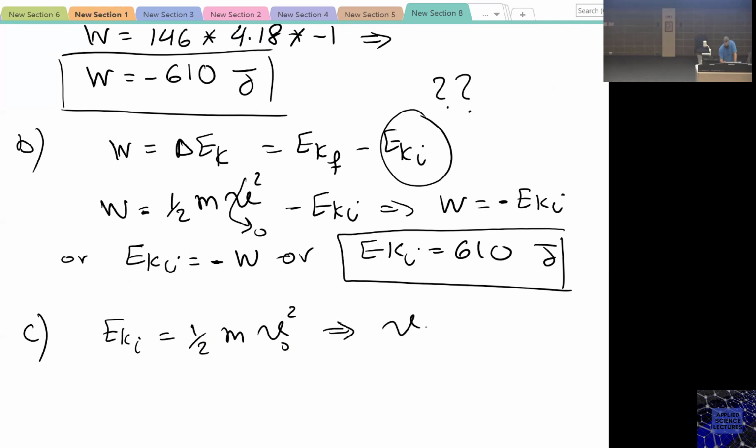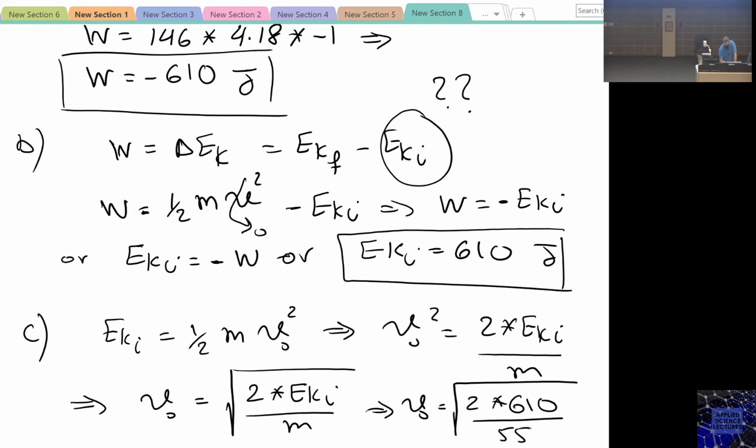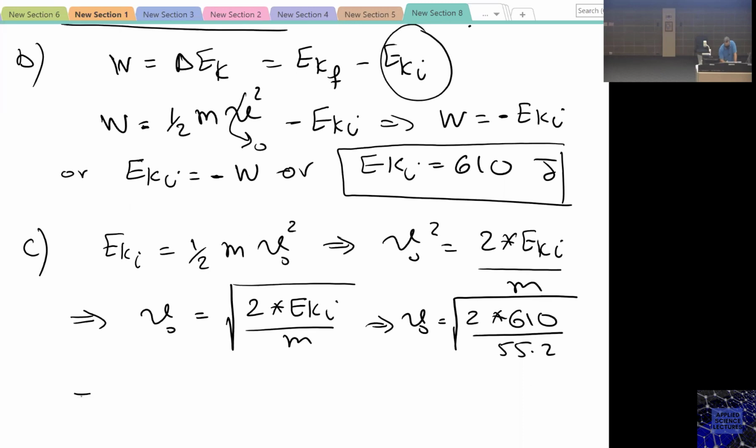Rearranging, I have V naught squared equals 2 times EKI divided by m, or V naught as the square root of 2 times EKI divided by m, 2 times 610 divided by 55.2, and V naught is 4.7 meters per second.